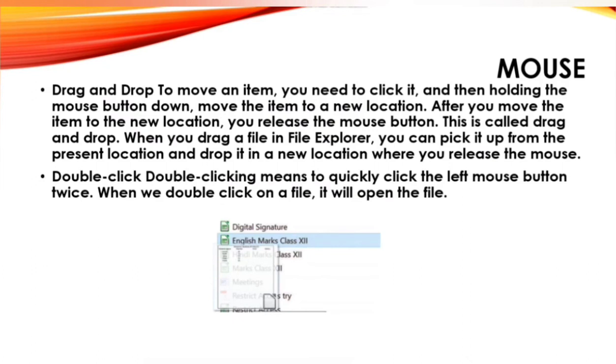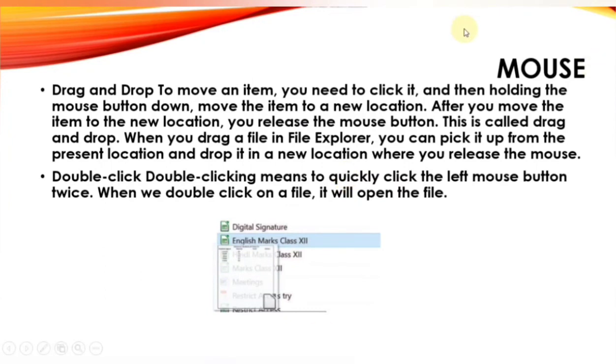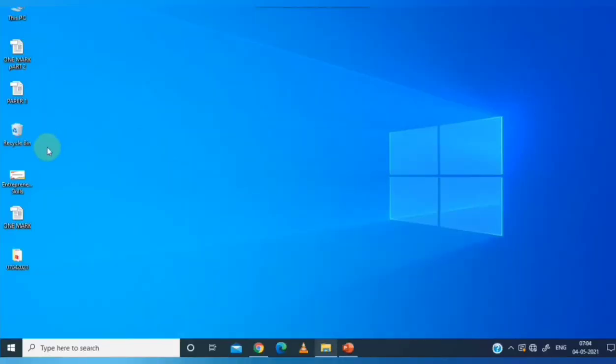So let us see through an example. See, when I am hovering over the file, it is showing type, Microsoft PowerPoint presentation, authors, title, and size.